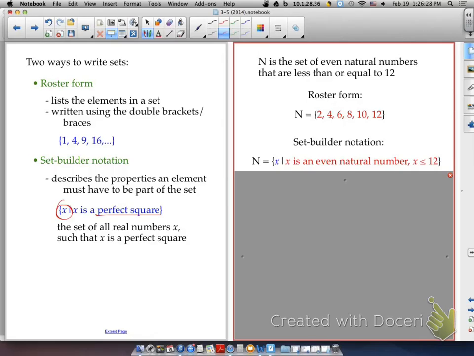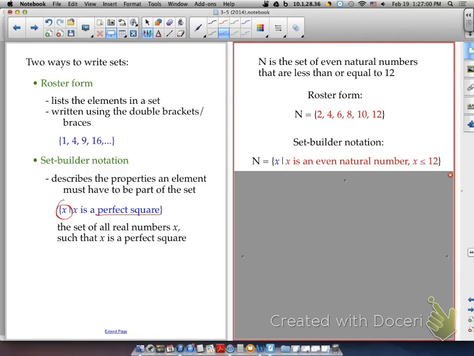Because if I don't say that, then I'm going to list all the even natural numbers. So you're starting with something very general and then you're trying to narrow it down. You're starting with all real values, then narrowing it down to even natural numbers, then narrowing it down further to values that are less than or equal to 12.